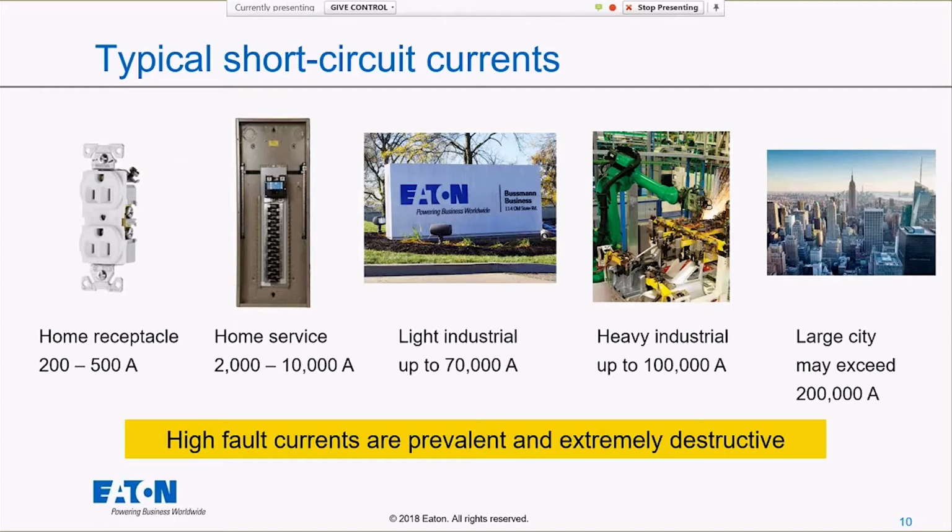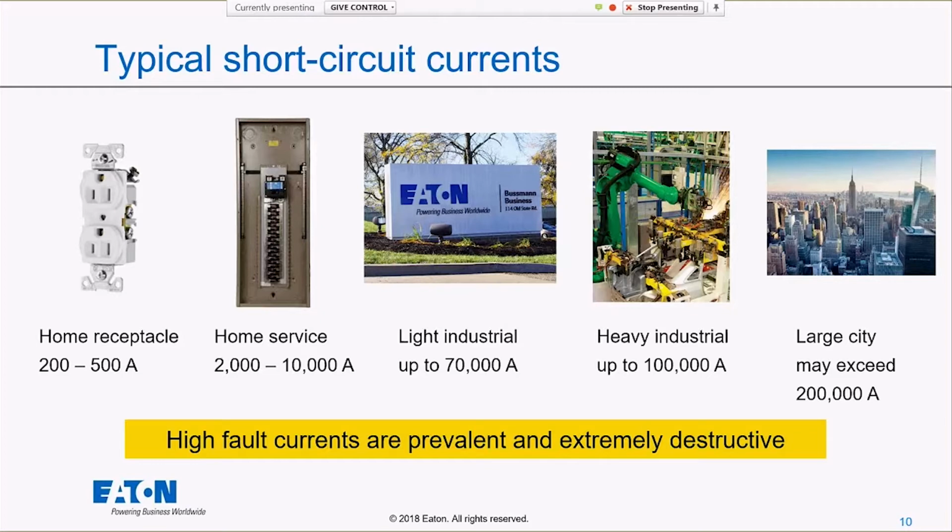If you're talking about an apartment building, you might get up to about 25,000 amps, particularly in a downtown area. Light industrial, that's where we see that 65 kA, 70,000 amps, around that range. Heavy industrial easily can get up to 100,000 amps. And then in a large city, you can exceed 100,000, and you might even exceed 200,000.